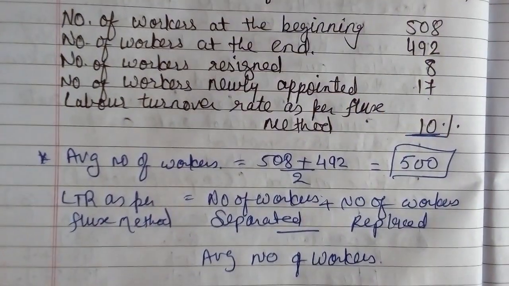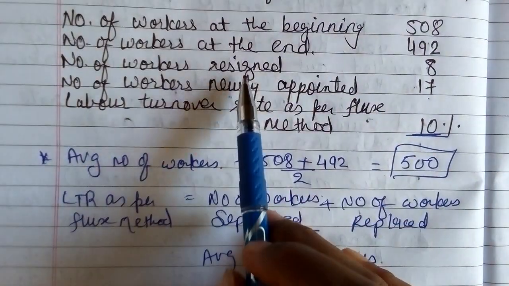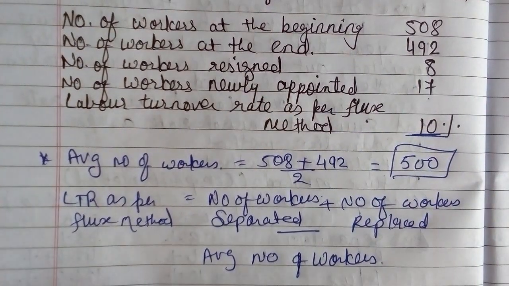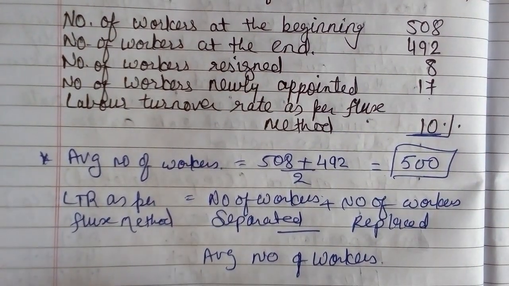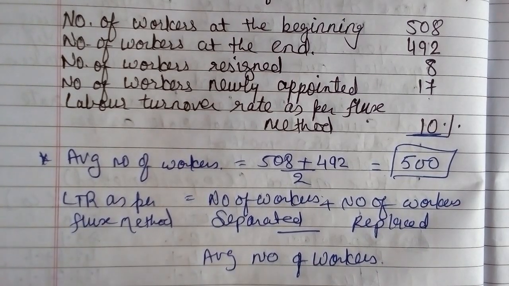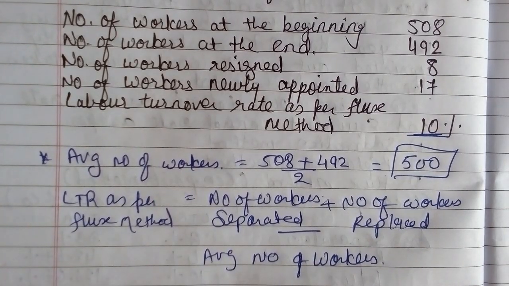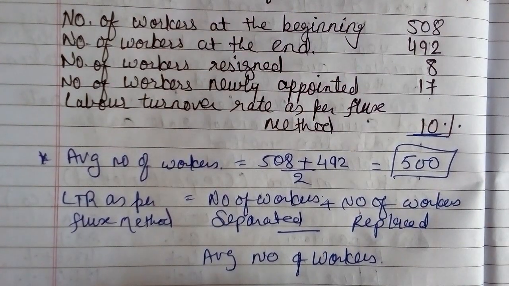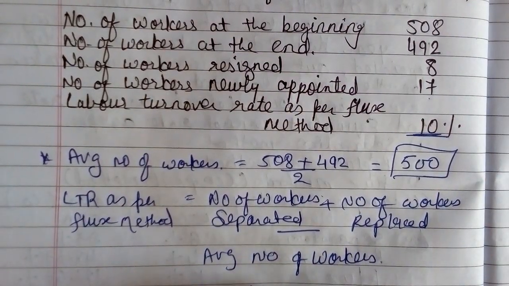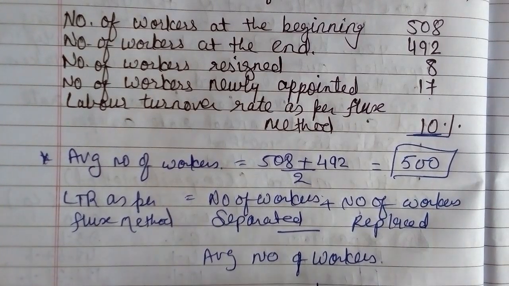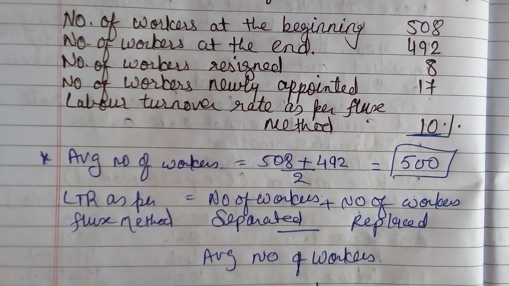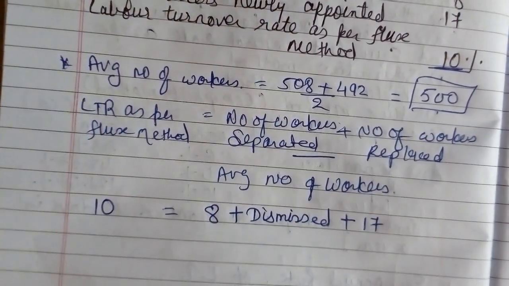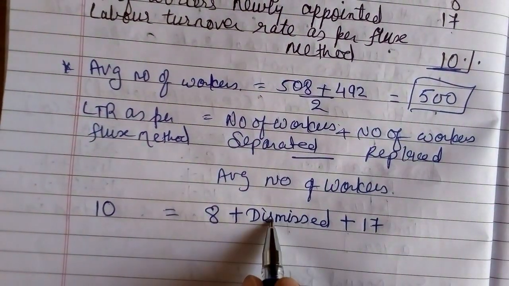So number of workers separated, only 1, resigned. Labor turnover rate is 10, resigned 8, plus, okay, dismissed, that we need to calculate, right? Plus number of workers replaced, newly appointed 17. Alright, so dismissed we need to calculate.